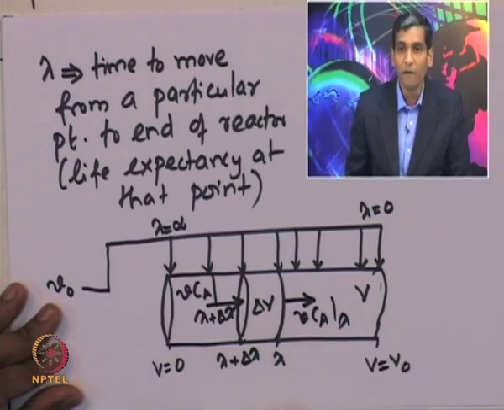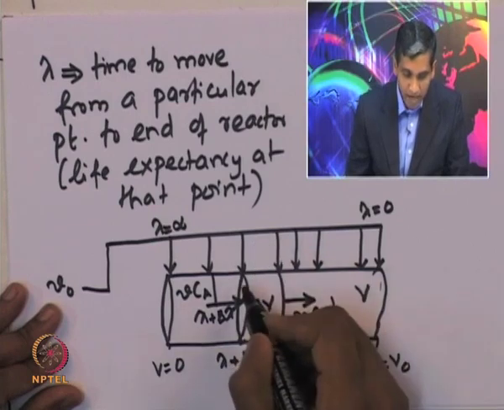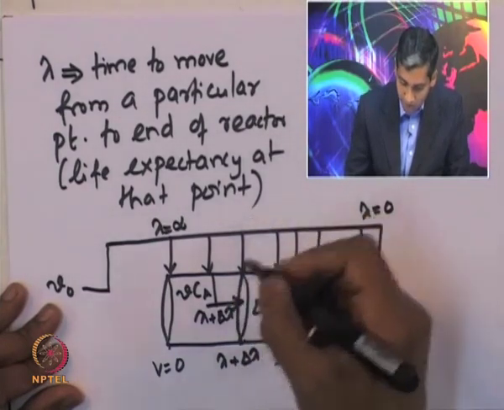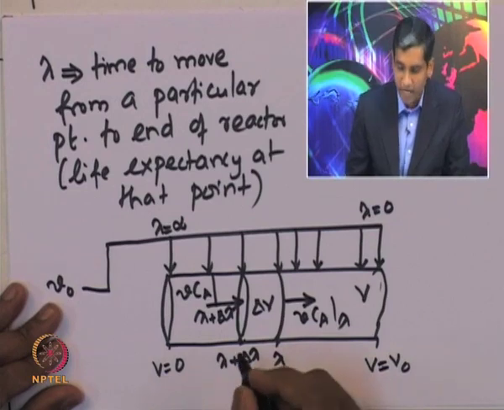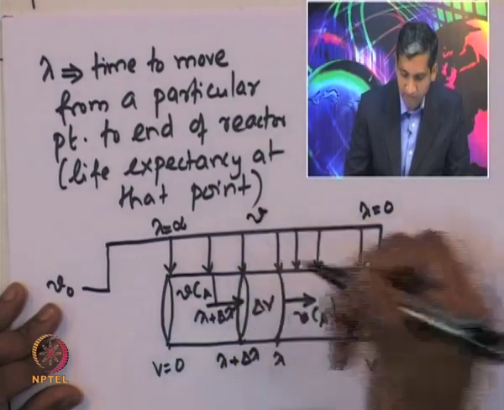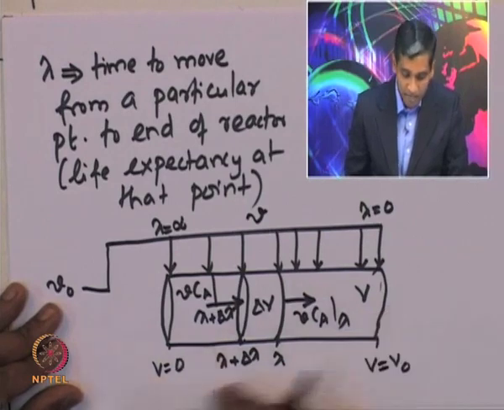Now, what is the amount of fluid that actually enters through the side? The volumetric flow rate with which the fluid is going to enter is given by V at that location, and we will be calculating that in a short while. So, what is the flow rate with which the fluid actually enters a small element delta V?